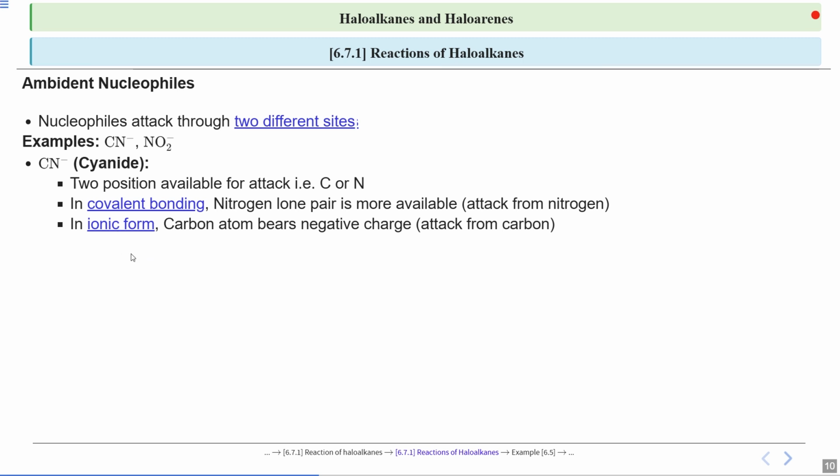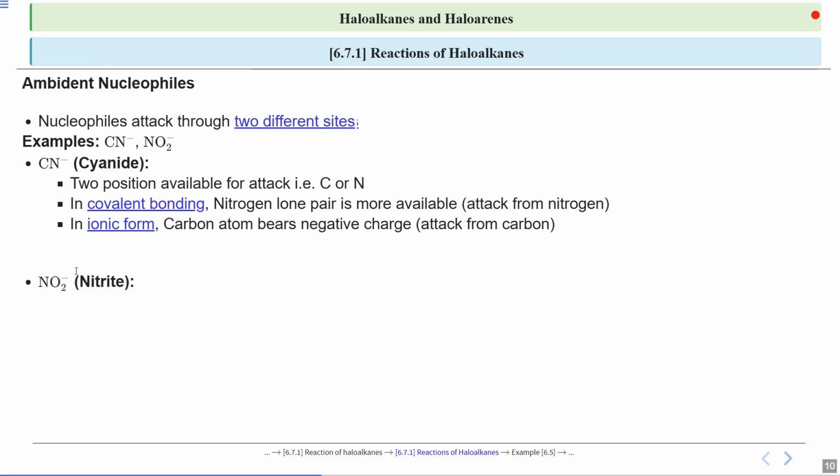Okay, so the negative charge which is localized on the carbon is going to result in the carbon-carbon bond with the substrate alkyl group, and it is stronger than the carbon-nitrogen bond. Okay, so in haloalkanes we will prefer the carbon-carbon bond more than the carbon-nitrogen bond.